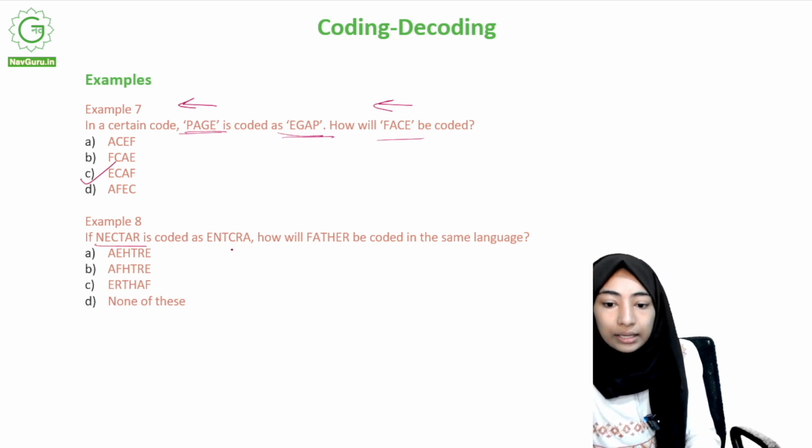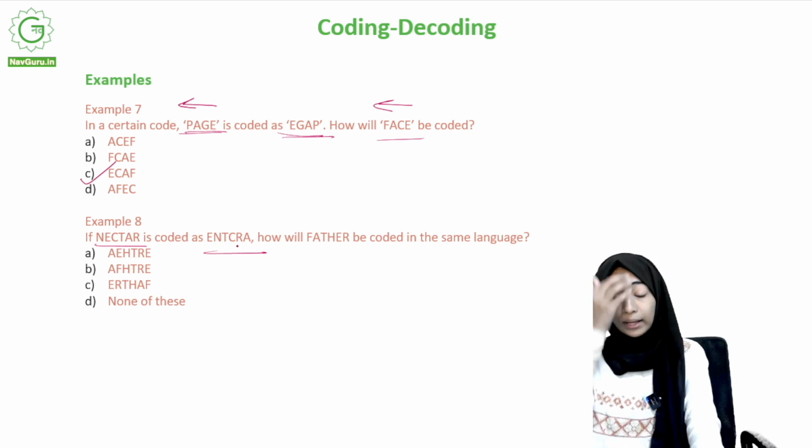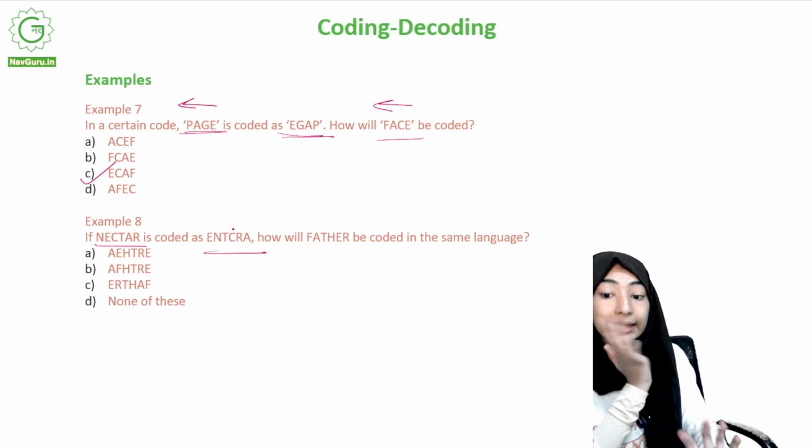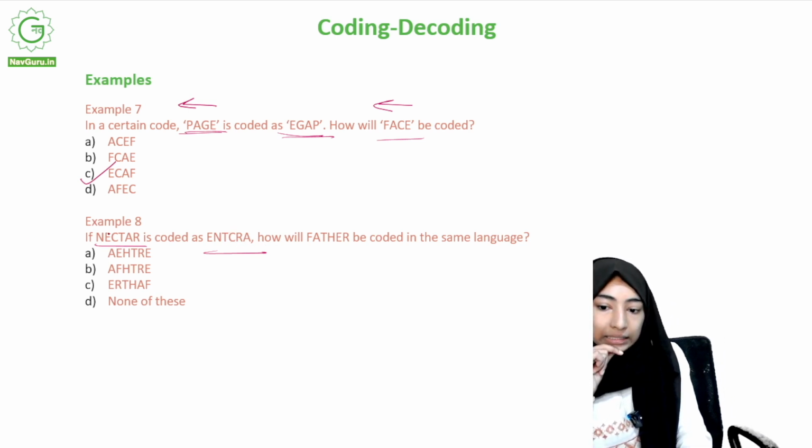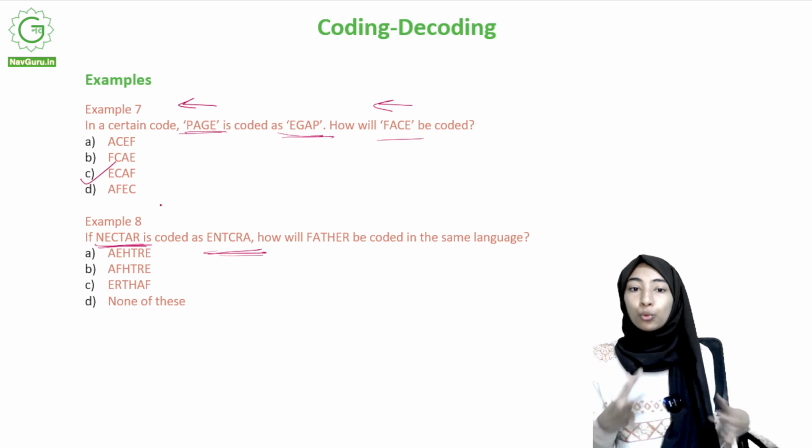Okay. Now, if nectar is coded as entcra, how will father be coded in the same language? So here, it's not the reverse order, but you can see that all the letters in nectar can be seen here too, right? What does that mean? It's something to do with rearrangement.